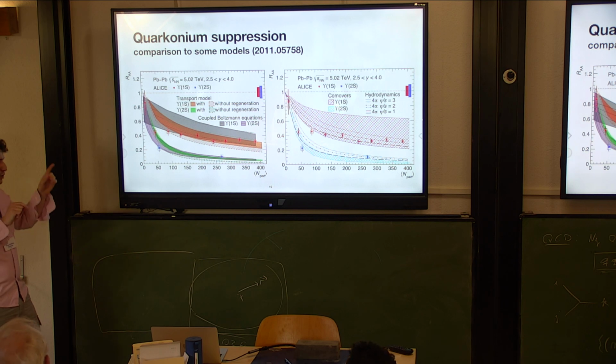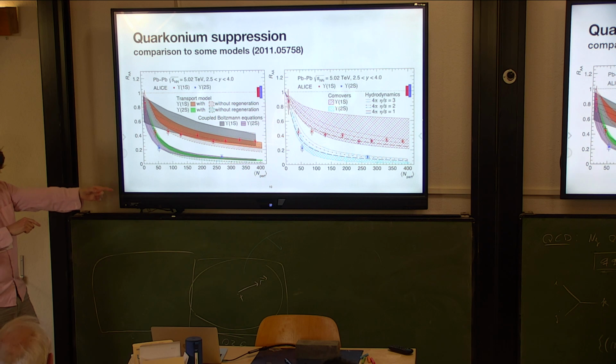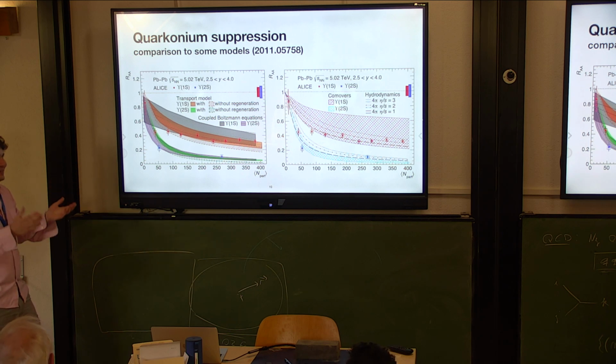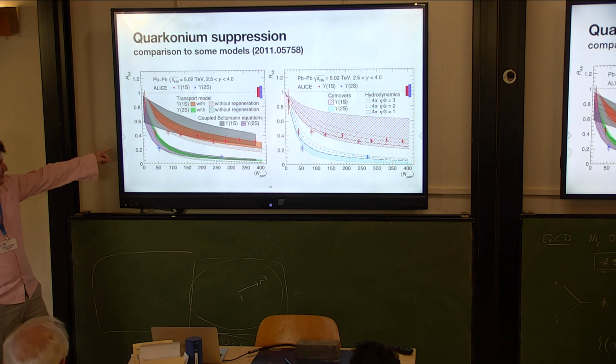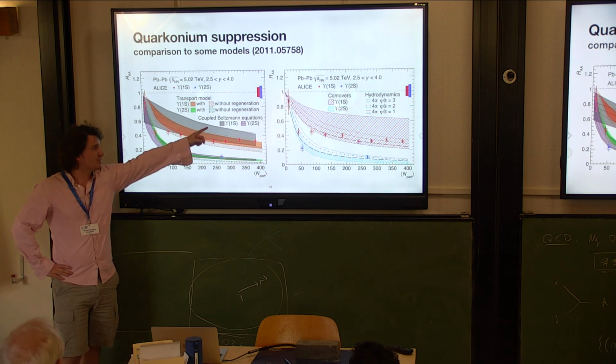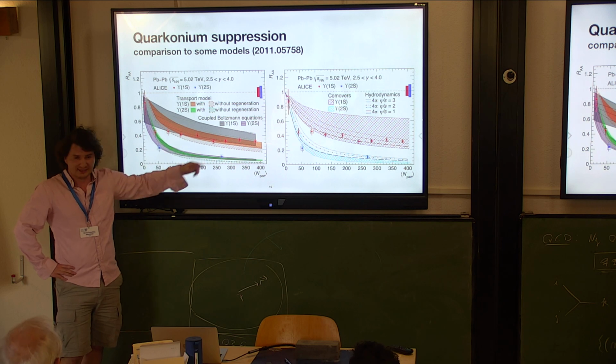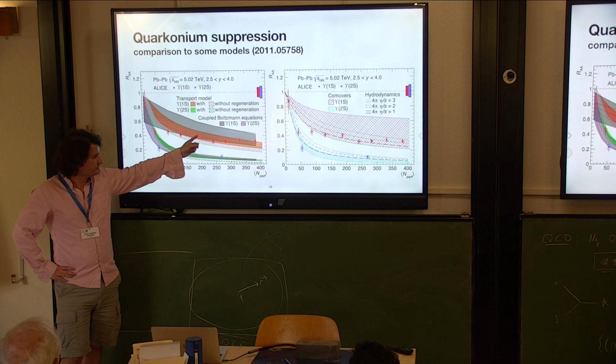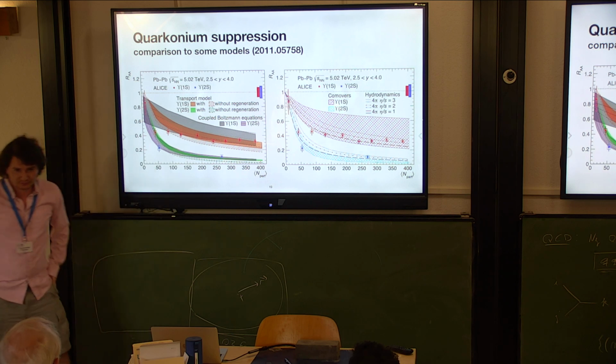And so you have to go beyond this Schrodinger equation picture where I only have two heavy particles that bind to each other, but I have to essentially follow the, say, 30 or 50 heavy quarks that are produced, which is a much harder problem, just computationally. But people try this. I mean, there's a similar curve with coupled Boltzmann equations for J/psi that the people before me have done.